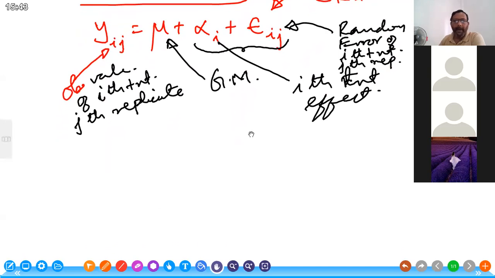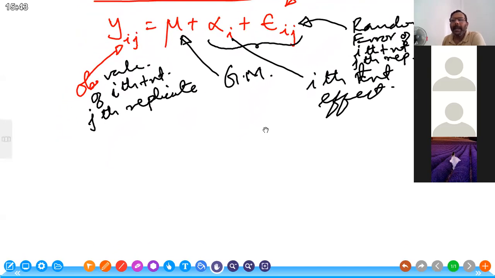So that is the model for CRD. CRD we apply in a homogeneous condition. I think you have already learned and done a lot of examples on that. Any questions on that? Because everybody should understand all, then only we can go further. Anybody has any questions on that?